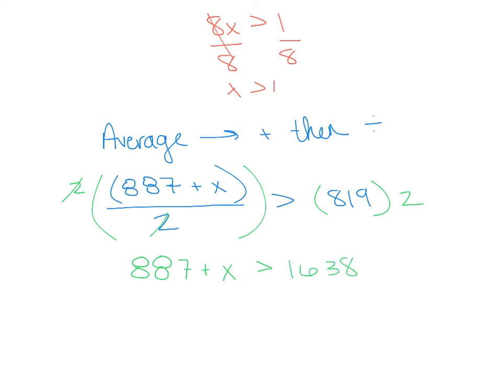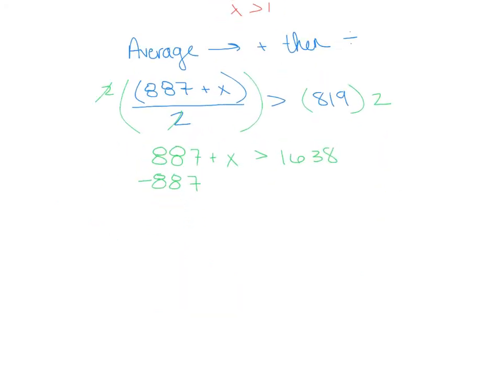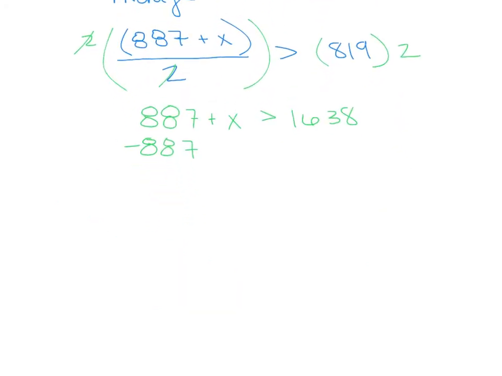And then we just got to solve for X. In the book it's a P. And we subtract 887 from both sides. And when we do that, these cancel because they're opposites. We get X must be greater than 751. So his other pumpkin must be greater than 751 pounds.